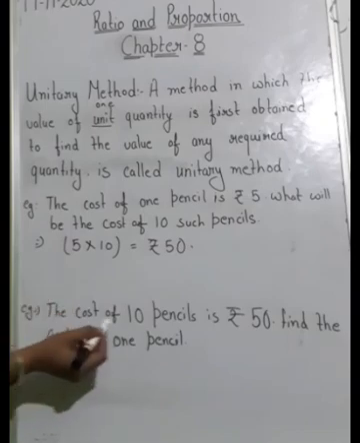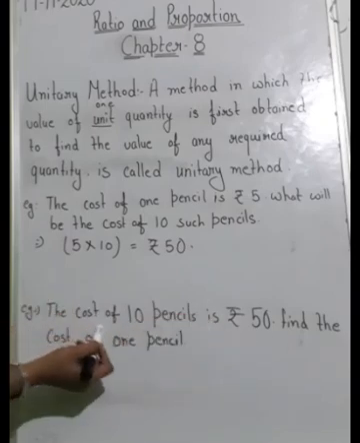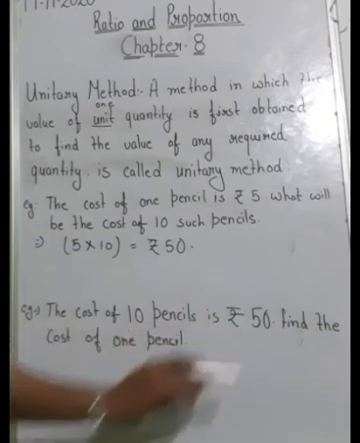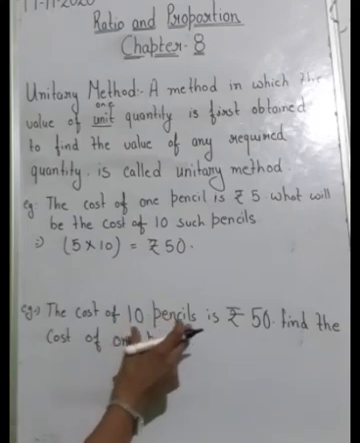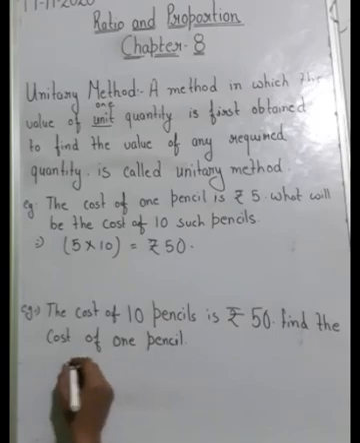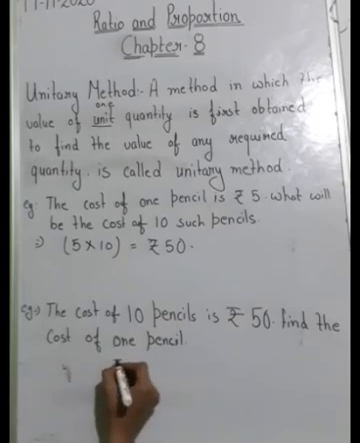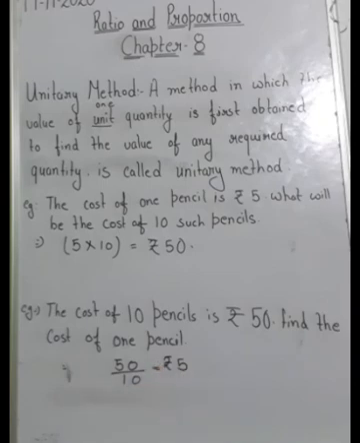The cost of 10 pencils is rupees 50. Find the cost of one pencil. So I told you when they have given you the cost of many and you have to find the cost of one, at that time you have to do division. So you will do 50 divided by 10, and when you divide it, what are you getting? 5. It means the cost of one pencil is rupees 5.